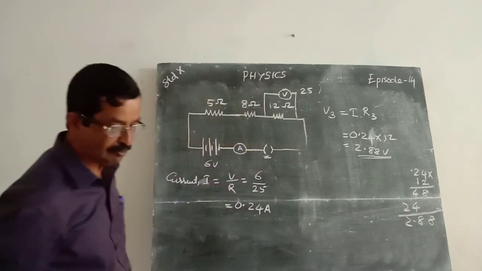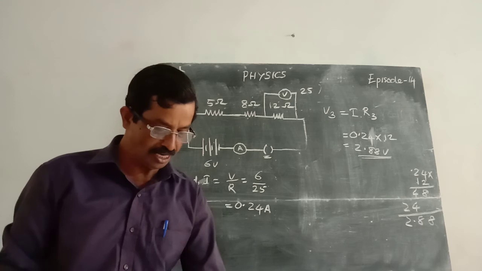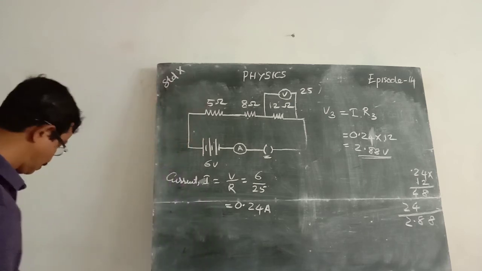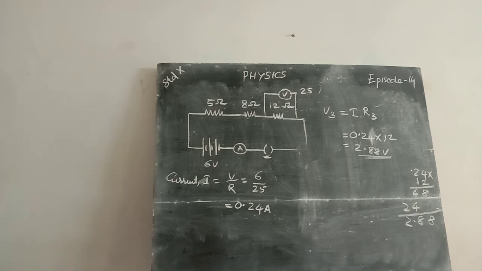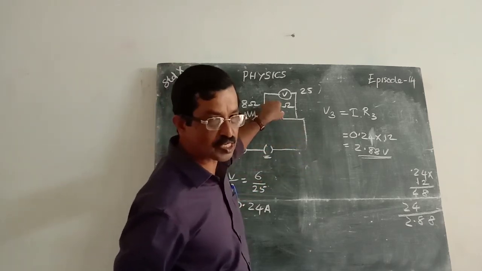This is the potential difference across the 12 ohm resistor.